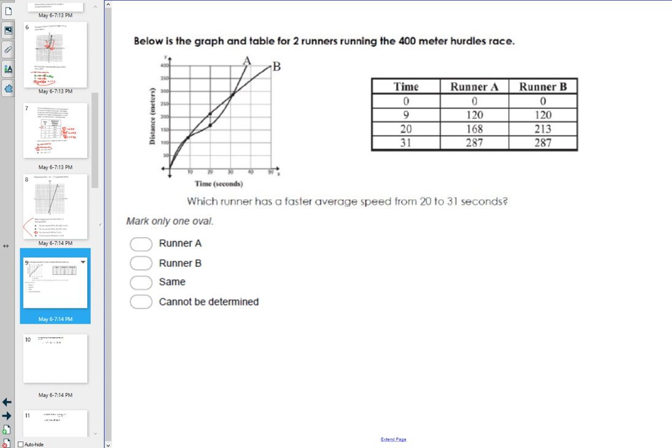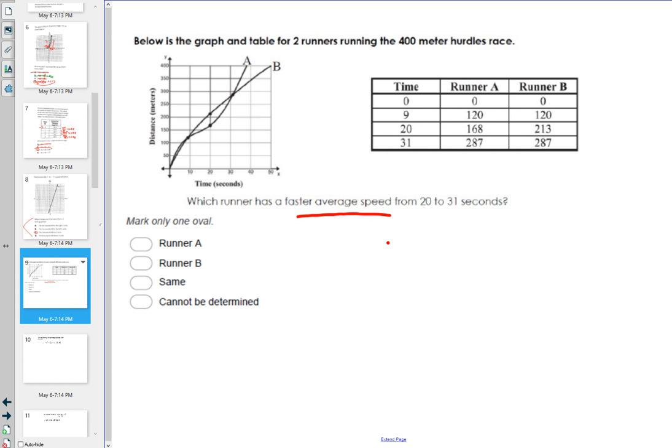Which runner has a faster average speed from 20 to 31 seconds? Below is a graph and a table, so you can use either one. I prefer to use the table. Average speed is another way of saying average rate of change. Those numbers are in meters.